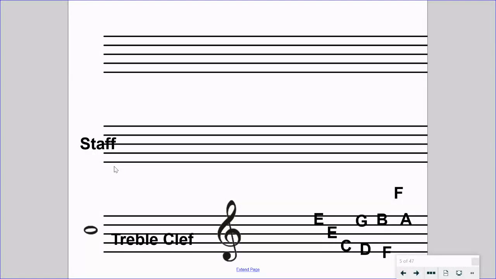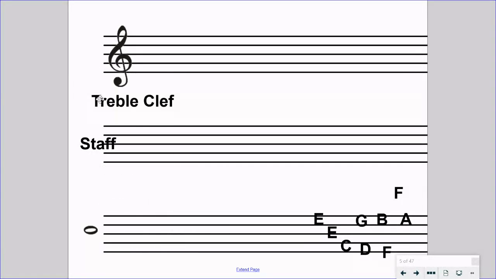Now, here's how they get their names. This little fella right here, this curvy guy, he is called, you can guess it, a treble clef. Now, why don't you try to draw some treble clefs on your marker boards? Here's how I do it.